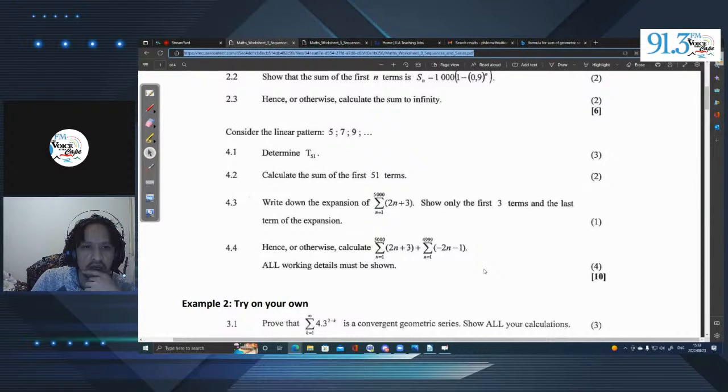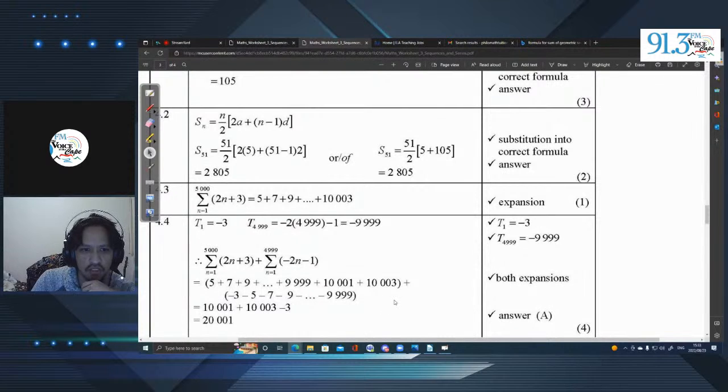Okay. Hence or otherwise calculate this value over here. All working details must be shown. Okay. So what they essentially did here was, like I mentioned, they added the sums up of all the terms, okay, and they got to 10,003 and 10,001.